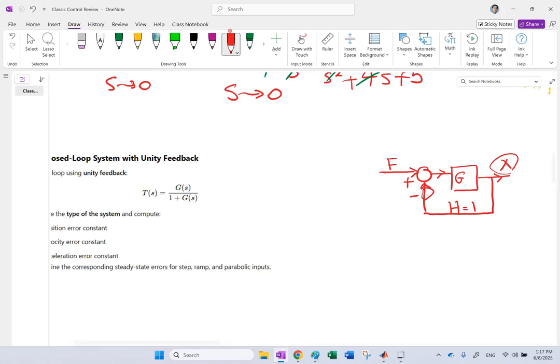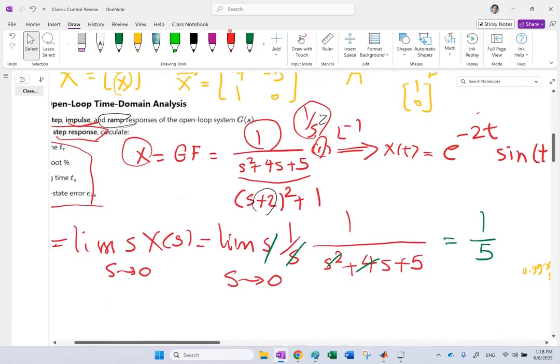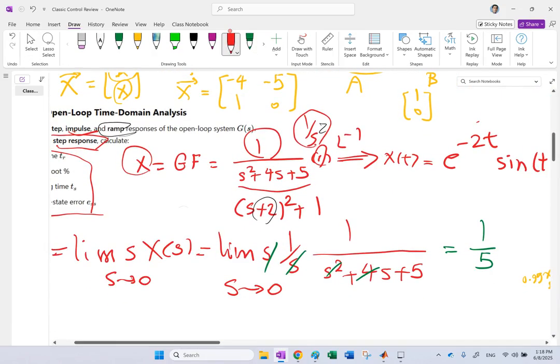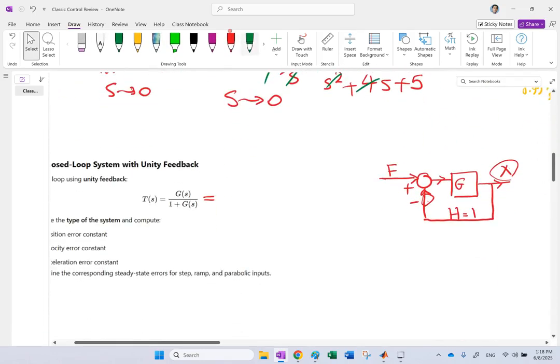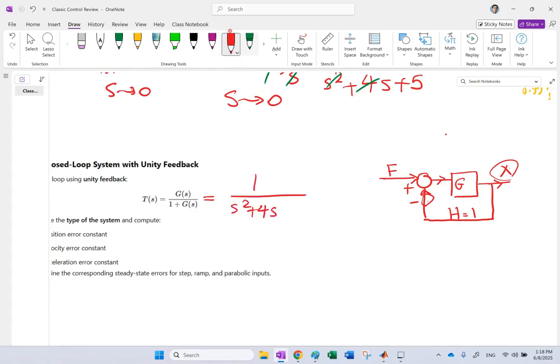In that case, the closed loop transfer function, remember, is G over 1 plus GH, H is 1, and G was 1 over S squared plus 4S plus 5. So if you plug that G in here, your closed loop transfer function is clearly going to be 1 over S squared plus 4S plus 5 plus 1, which is 6.